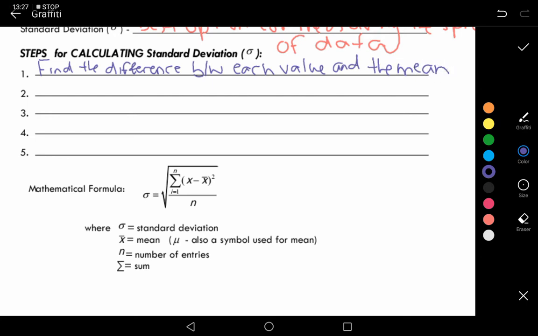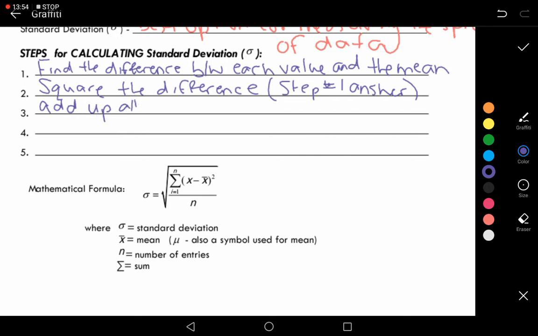The second thing we need to do is square the difference, and that difference is from step 1. So we're squaring that step 1 answer. Once we've done that, we're going to add up all of our answers from step 2.